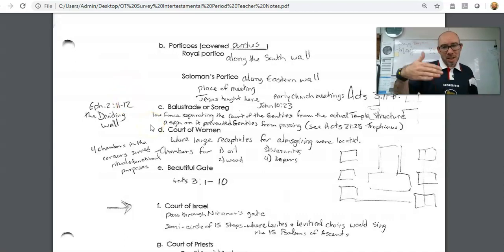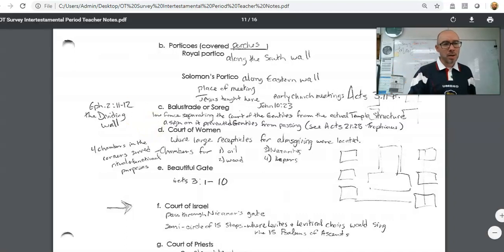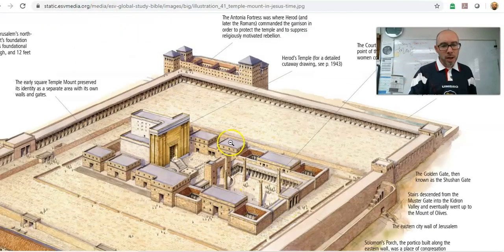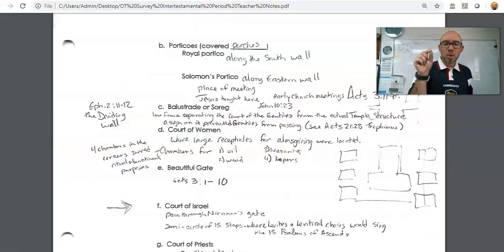The court of the women is inside of that. It's the next layer in. And so we can see here you've got this whole area. You've got these four big corner collection areas. This is where the women could go in. This is where Jesus sees the poor woman put in her little copper coins.